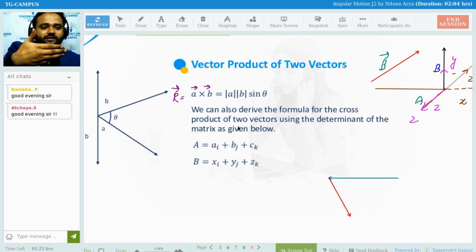So the first vector is in this direction and it is coming out of the plane of paper. So I rotate my four fingers out of the plane of paper, and again the thumb is in the upper direction. Got it?